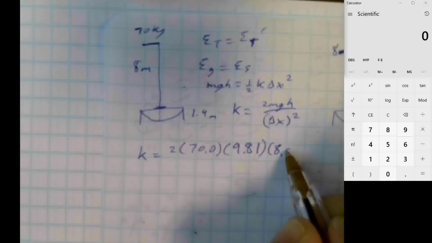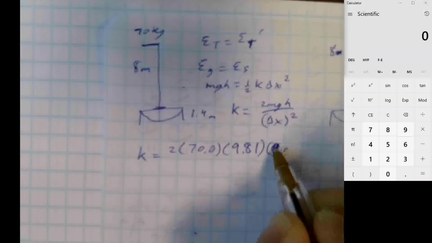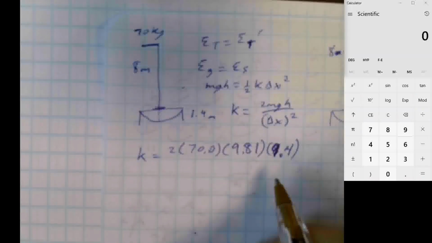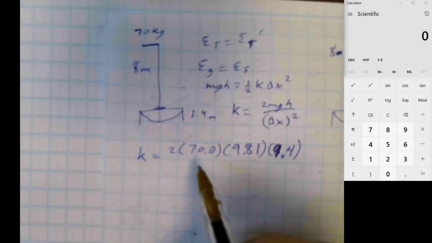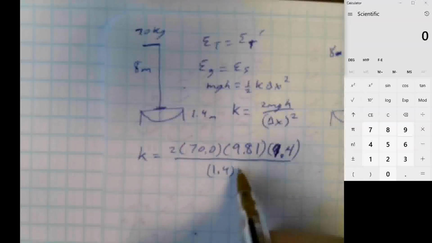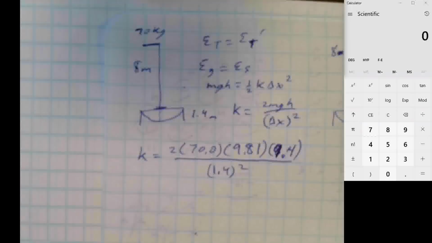Now this height is actually, I was about ready to write 8.00. It's actually 9.4, because it's the 8 plus the additional 1.4. This whole thing divided by 1.4 squared, because that's our extension. And when I put this in the calculator, you'll see I get 2 times 70 times 9.81 times 9.4 divided by 1.4 squared.